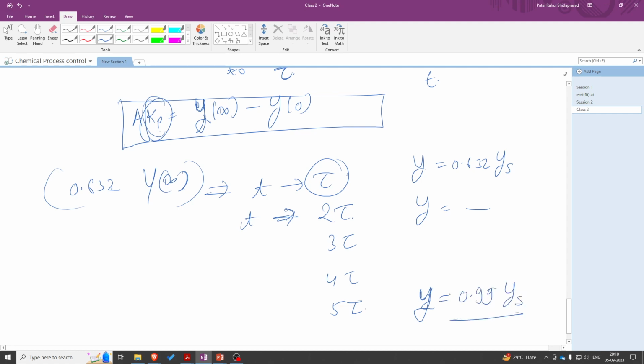That is, at 5 times the time constant, we can approximate that the system has reached the steady state. So these two correlations we need to remember. The first one is at time equal to time constant tau, the response will be 63.2% of the steady state value. And at time of 5 tau, the response will be 0.99 of the steady state value or the ultimate value. These two correlations we need to remember.